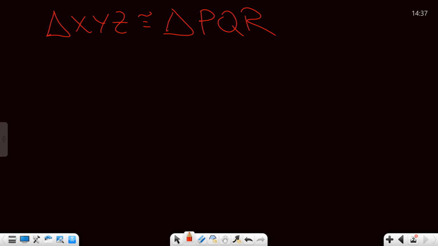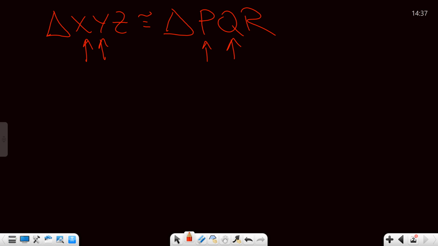All 3 sides match up with the other ones, all 3 sides. They're the same with 8. Good. 3 angles, 3 sides. From that statement, let's start with angle X. Which angle does X correspond to? P. Which angle does Y correspond to?